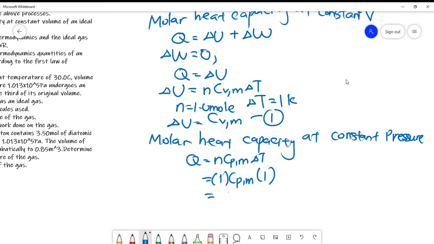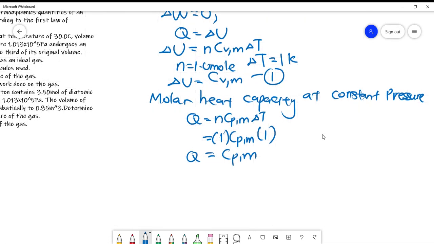So what we get is CPM. So this is Q, the molar heat capacity of 1 mole of gas at constant pressure, which is raised by 1 Kelvin, of course.